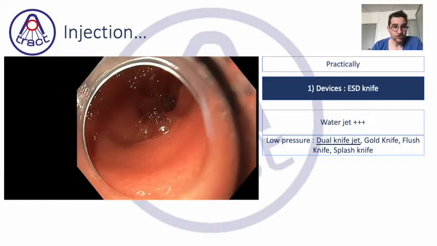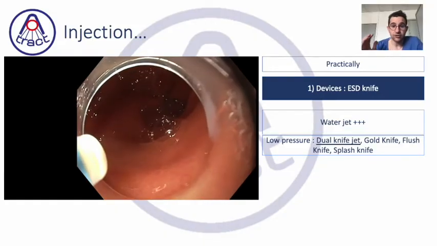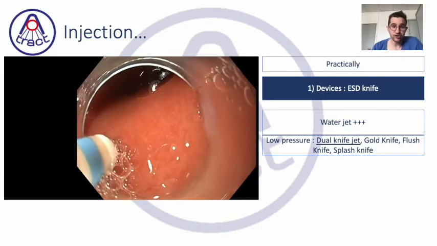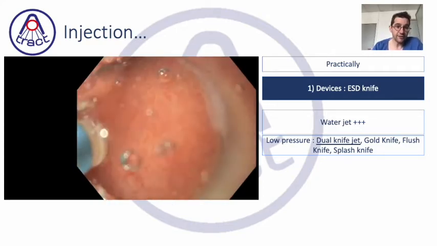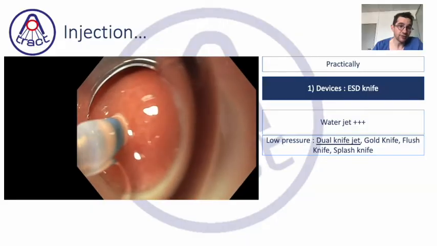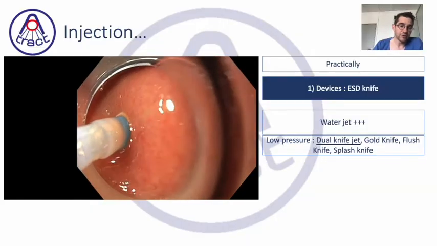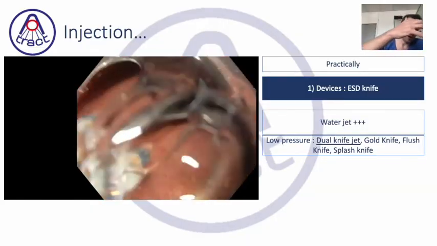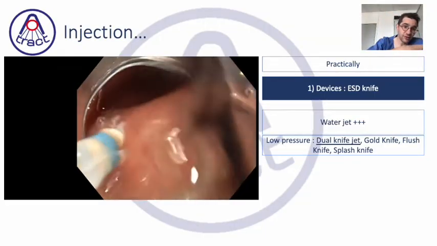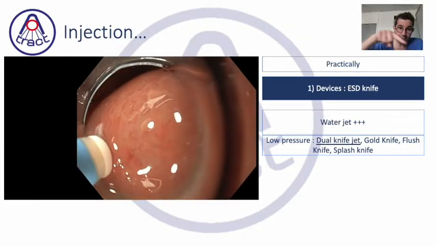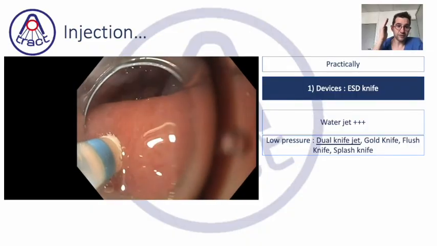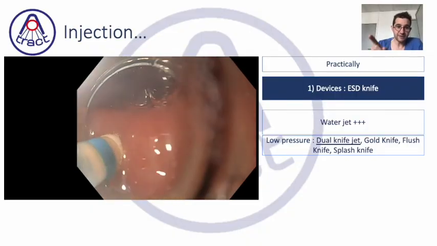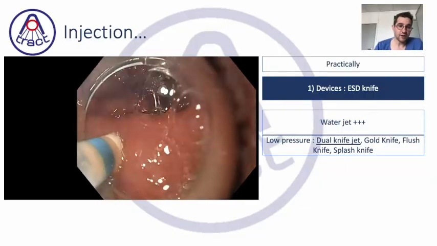With a low pressure, like the dual knife jet, gold knife, flush knife, splash knife, we are more used to the dual knife, which has a very low rate of occlusion because the injection comes from the deeper part of the ceramic, and there is a flow which is not linear, which makes the clots move.